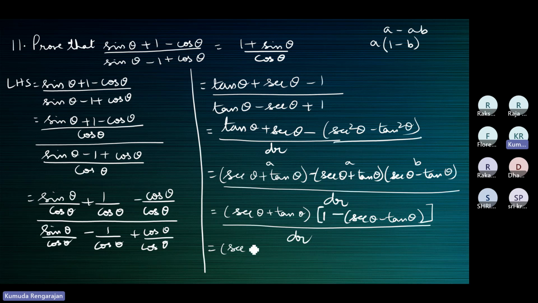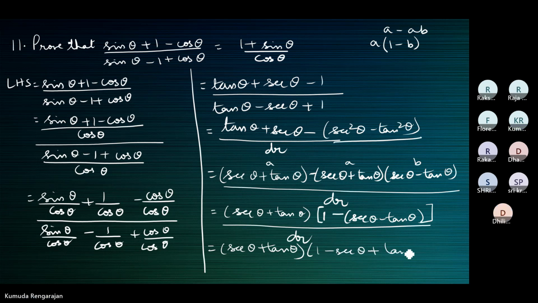So here, 1 minus secant theta plus tan theta, because when you open the bracket, multiply the terms with the minus sign.